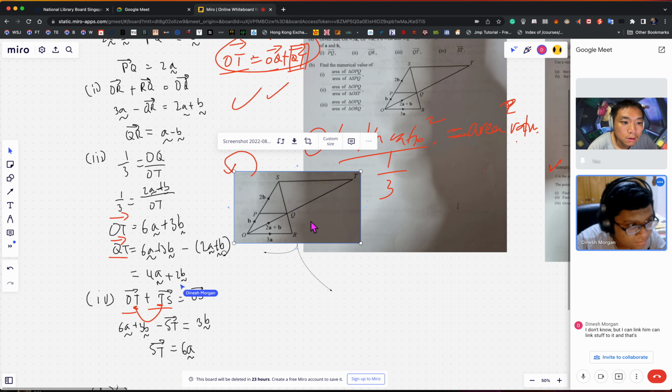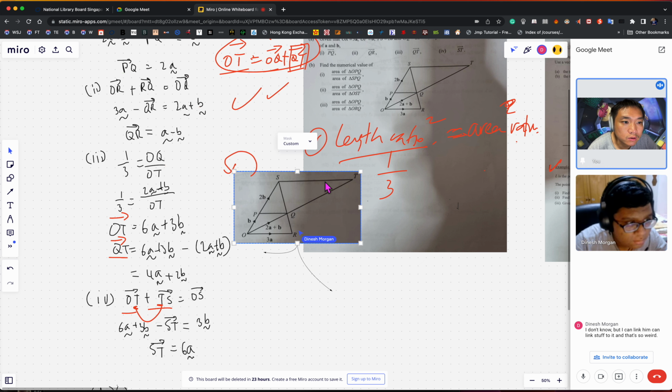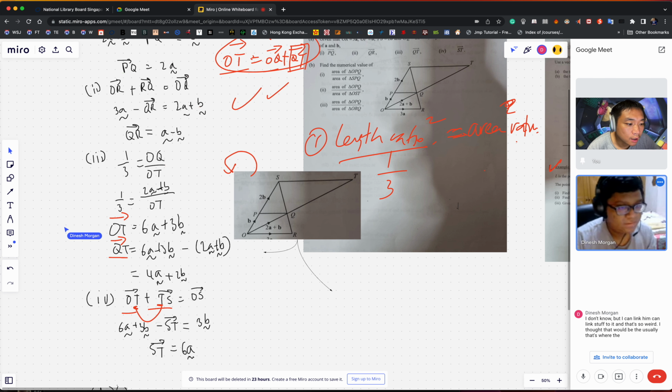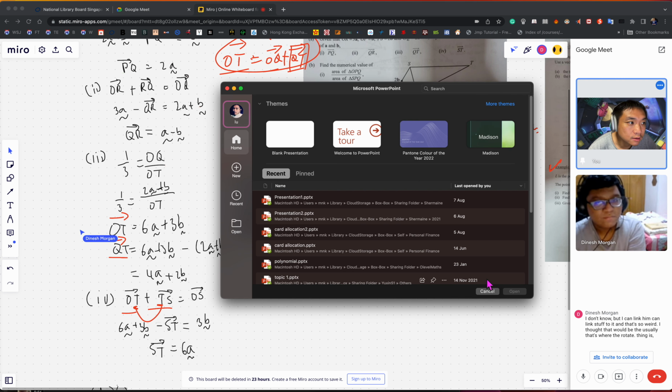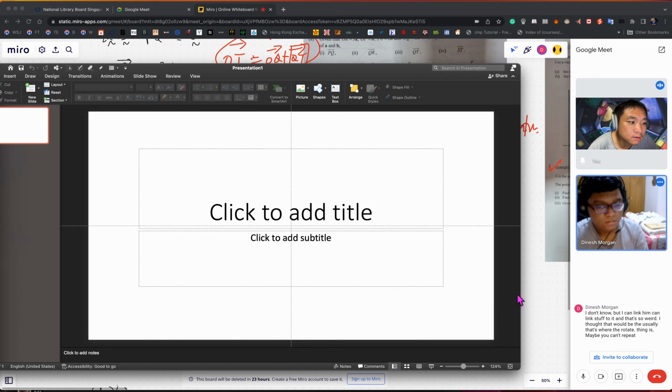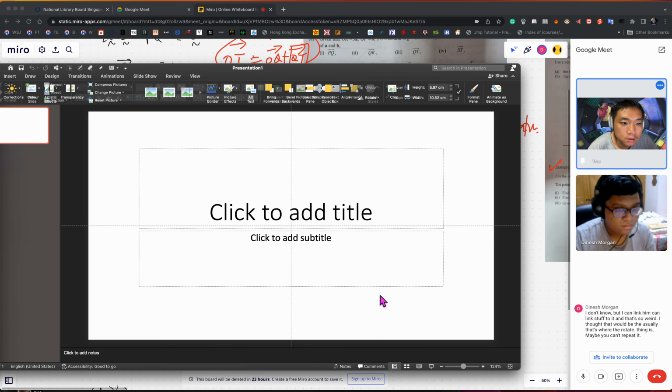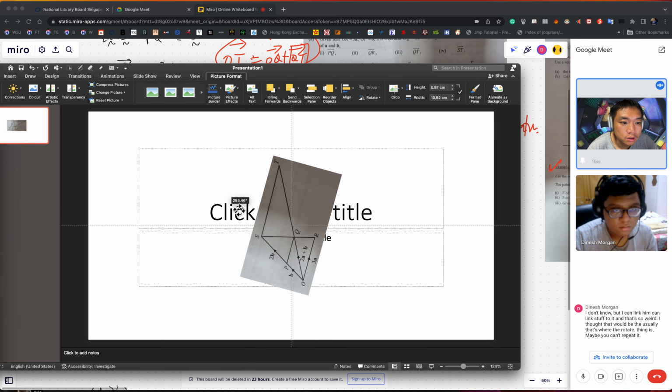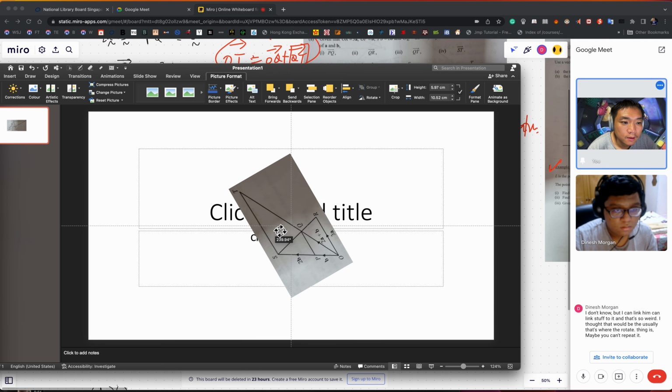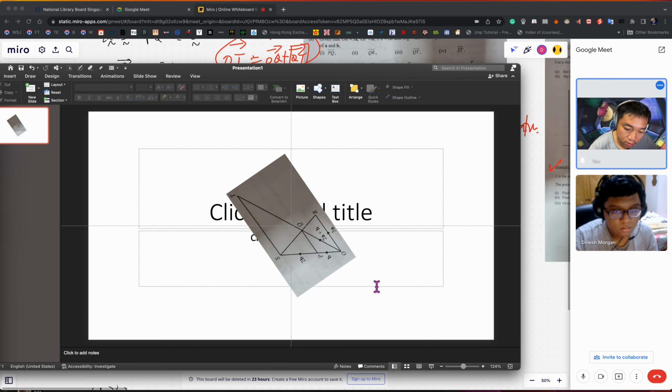That's so weird. I thought that's usually where the rotate is. Never mind, it's okay. Maybe I will do it with my other tool, and then I just get another image out. Yes, I need to rotate it for you to see. Otherwise, it's hard to see.